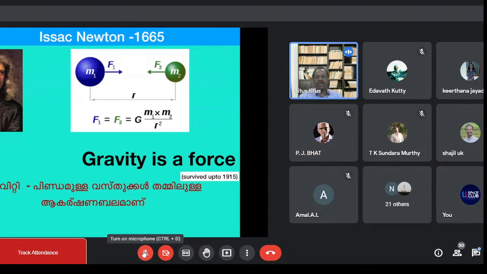And this law sustained until around the beginning of the 20th century. Or to be specific, until 1915, the law sustained without any attack. So nearly 2.5 centuries, the law survived. What happened after that?